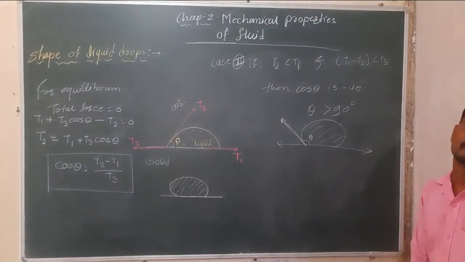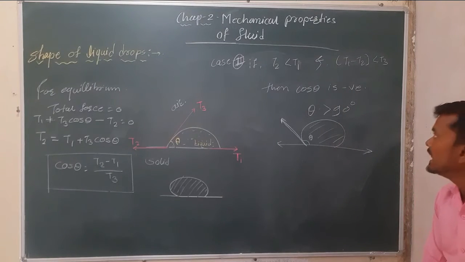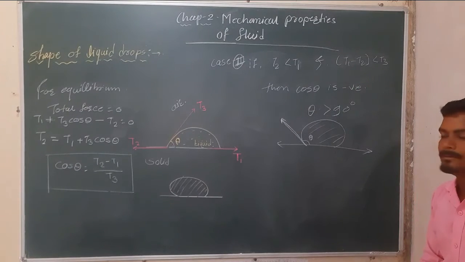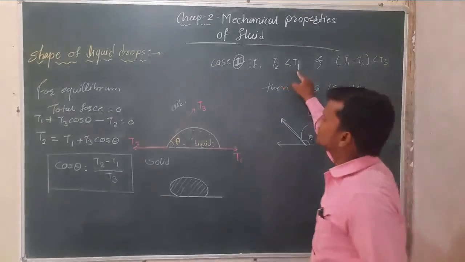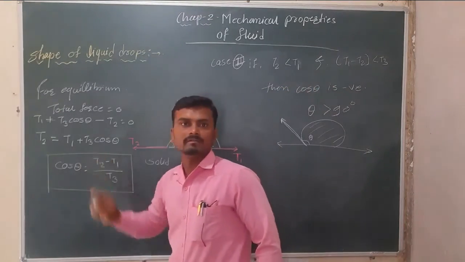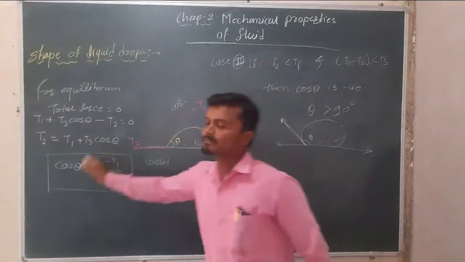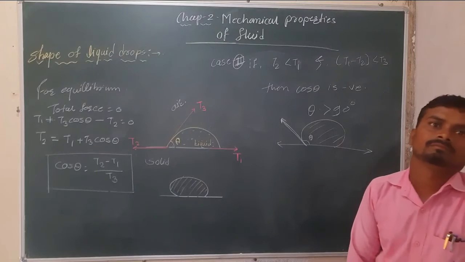Okay, this is the second case. What is the case? T2 is less than T1 and T1 minus T2 is less than T3. If T2 is less than T1, then the numerator becomes negative, and for the second case, this total term becomes negative.